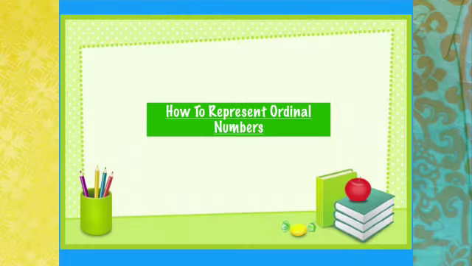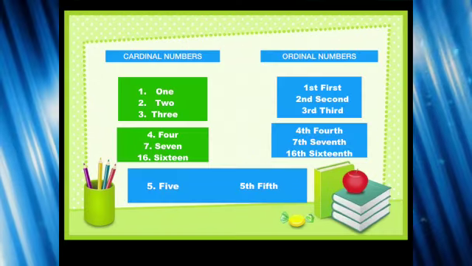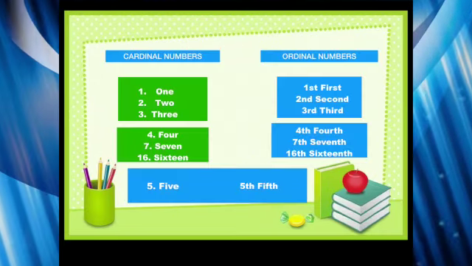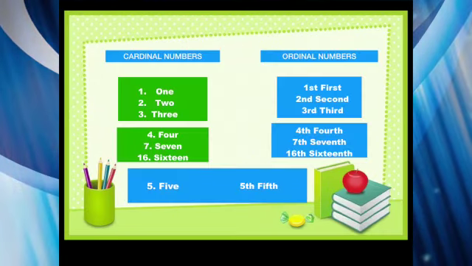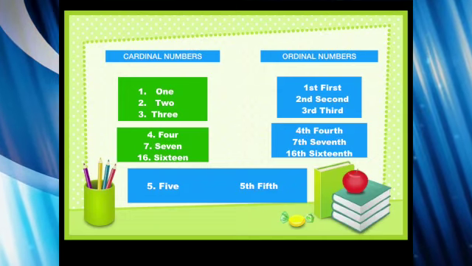Now let us understand how to represent ordinal numbers. Ordinal numbers are indicated by counting numbers, but we add two letters every time, except first, second and third. Most of the ordinal numbers end in the letters TH. Let us understand the concept of cardinal and ordinal numbers through this chart showing on your screen.